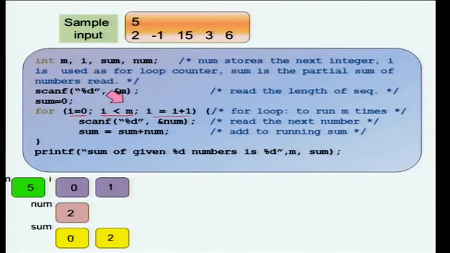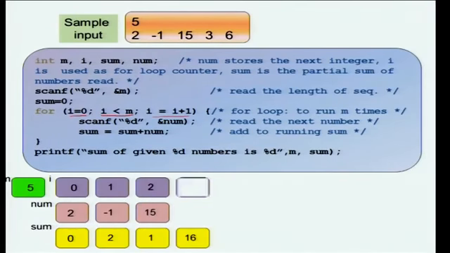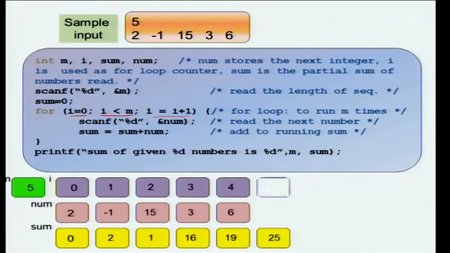And test whether 1 is less than 5. It is. So you read the next number, add it to the sum. So the sum becomes 1. Update again, and keep repeating this, until you have read all 5 numbers.